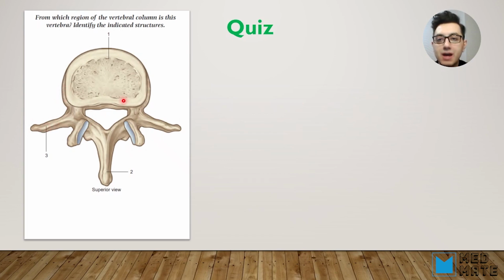There is no demifacet. I cannot see any demifacet, and also we have this triangular vertebral foramen. So what I believe is that this vertebra is coming from lumbar vertebrae. Now, number 1 is the body of the vertebrae, transverse process, and a spinous process.